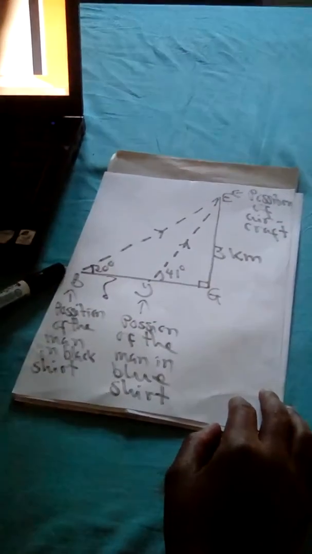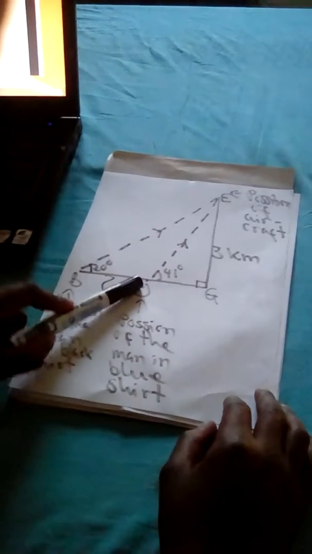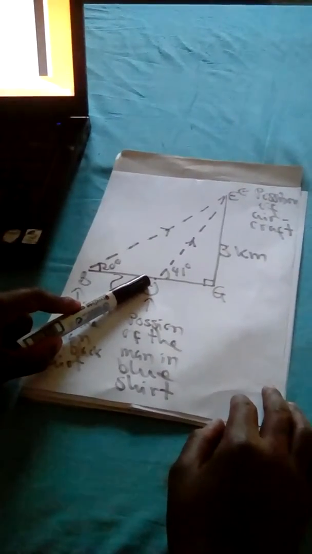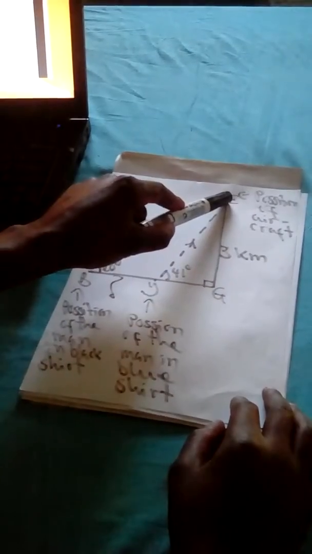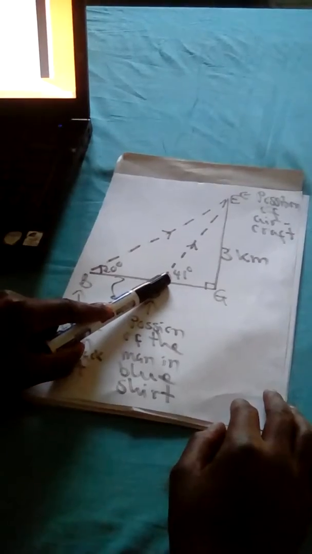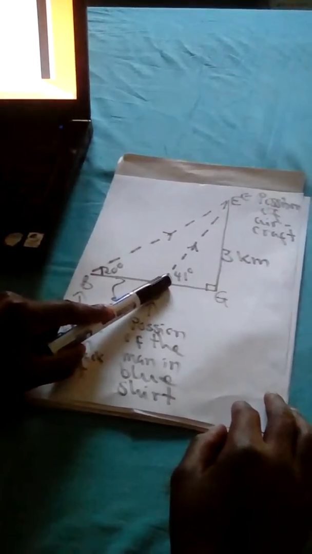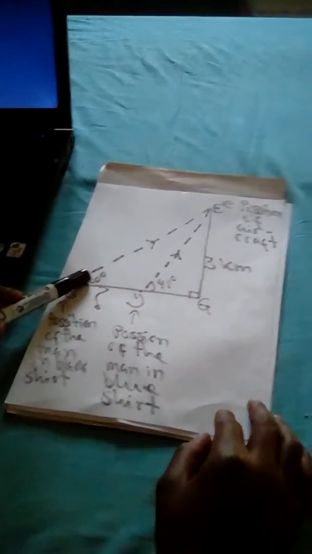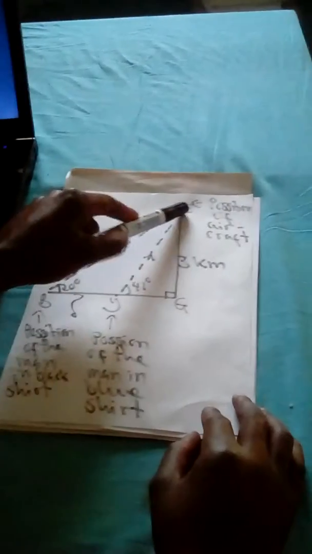In this diagram, this line is the line of sight from the man in the blue shirt to the aircraft. This angle is the angle of elevation from the man in the blue shirt to the aircraft. This angle here is the angle of elevation from the man in the black shirt to the aircraft.